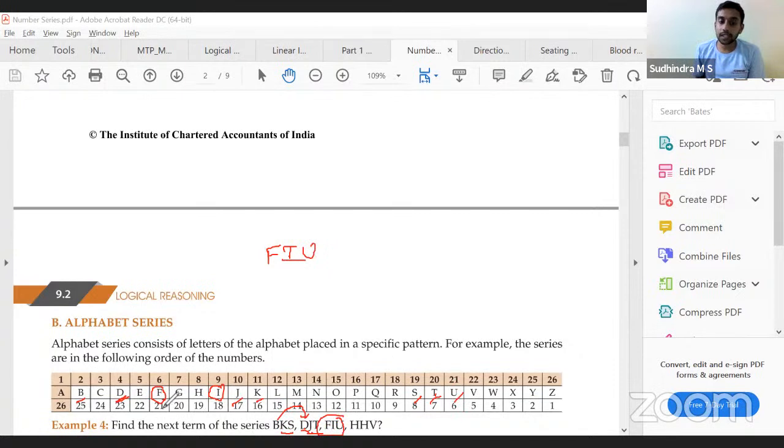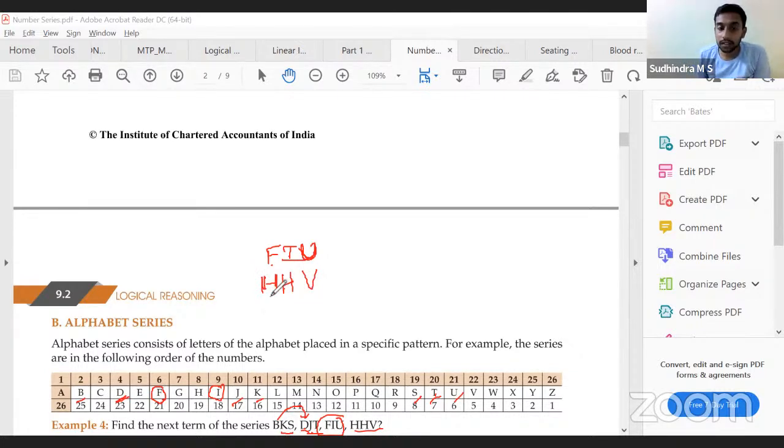Then F becomes, what does F become? Next set. F becomes H. Why? Because we are jumping 2 places for the first alphabet. Second alphabet, we are going 1 step back, so I will become H. And U becomes V, because 1 step forward, right? So that is what they have, HHV. So going with this, what would be the next set?